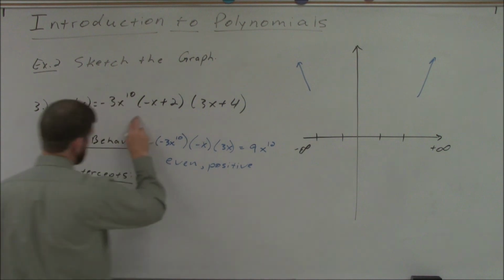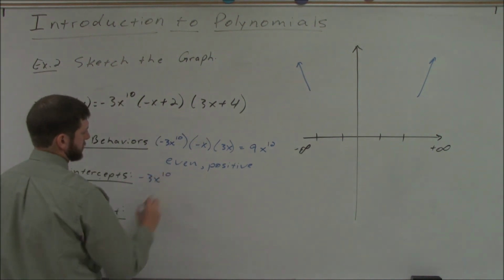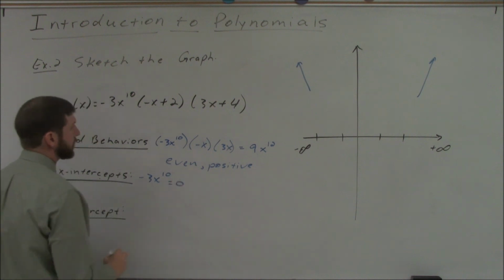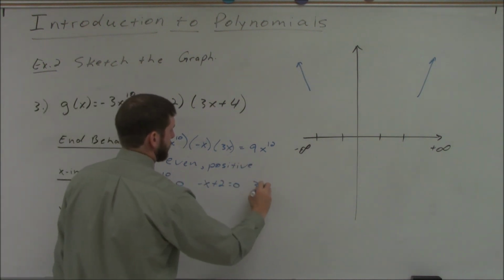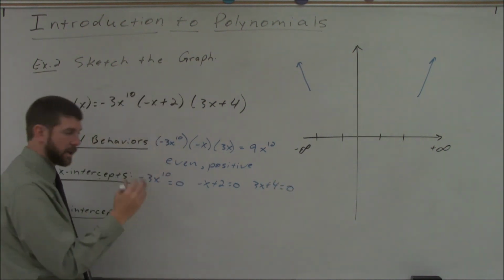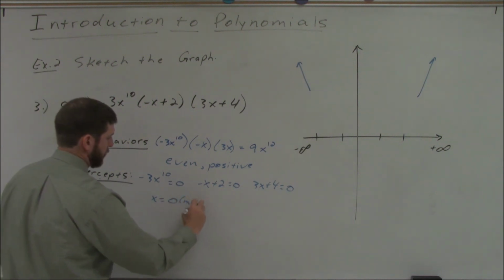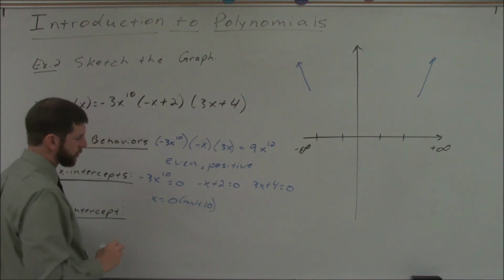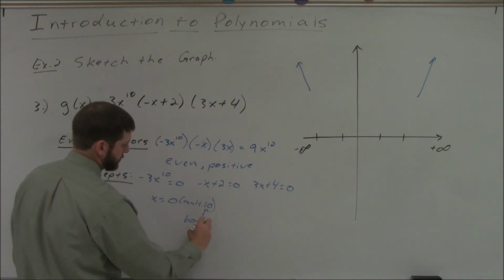X-intercepts. Let's take each factor, set it equal to 0 and solve. So negative 3x to the 10th equals 0. Negative x plus 2 equals 0. 3x plus 4 equals 0. So divide by 3, take the 10th root. You're going to get 0 with a multiplicity of 10. Since that's even, that's going to tell us it's a bounce point.